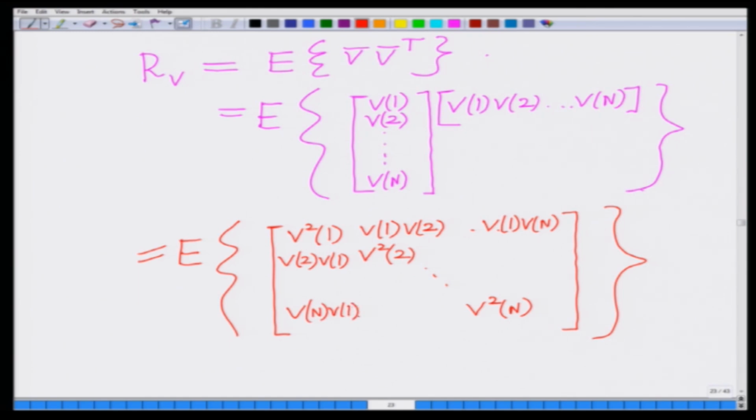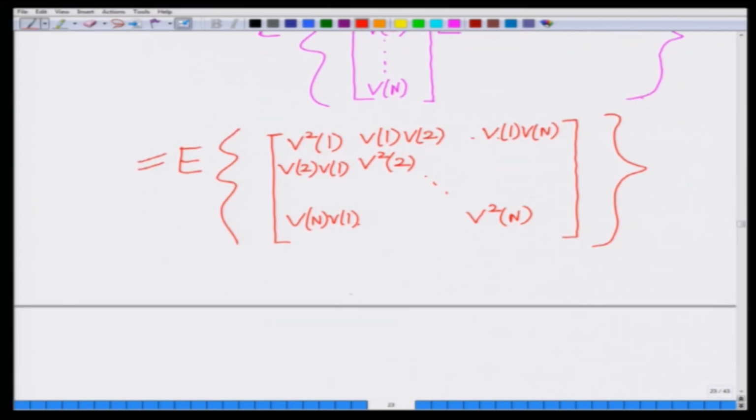Now, if you take the expected value inside, you can see that the expected value of each of the diagonal elements, expected value of V square 1, V square 2, V square n, and so on, is sigma square, while the expected value of the off diagonal elements is clearly 0, because the different noise samples are independent.